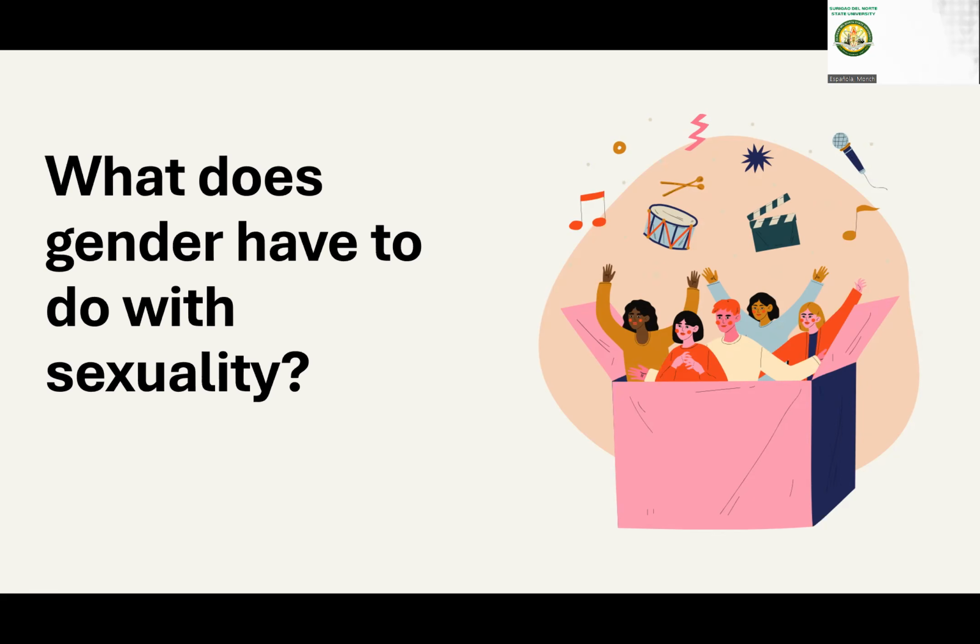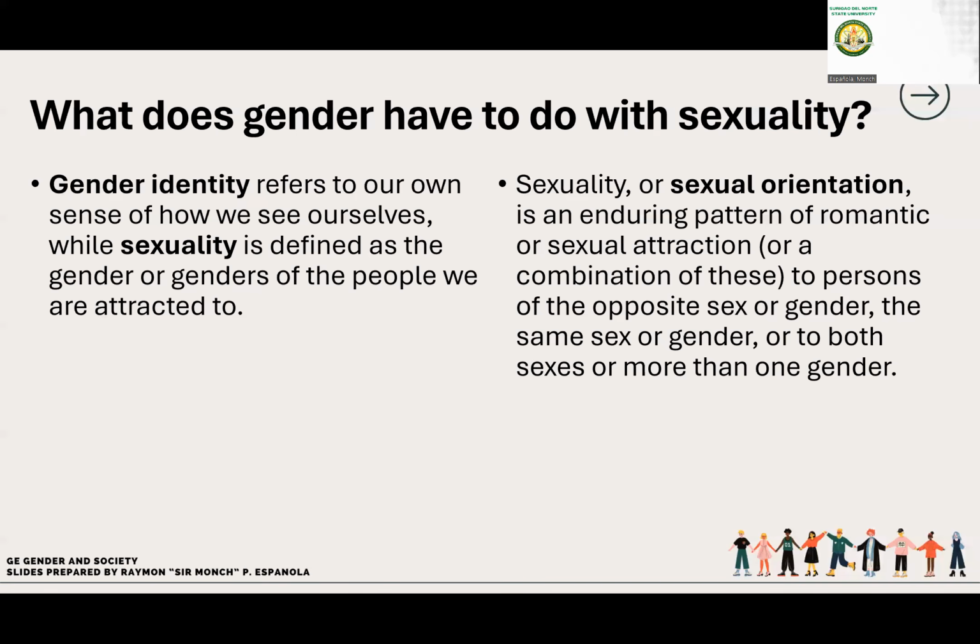What does gender have to do with sexuality? If you are tired of listening, you may pause and watch this lecture video later, but I'm going to continue discussing. Gender and sexuality are linked to each other. Gender identity refers to how we understand ourselves, no?